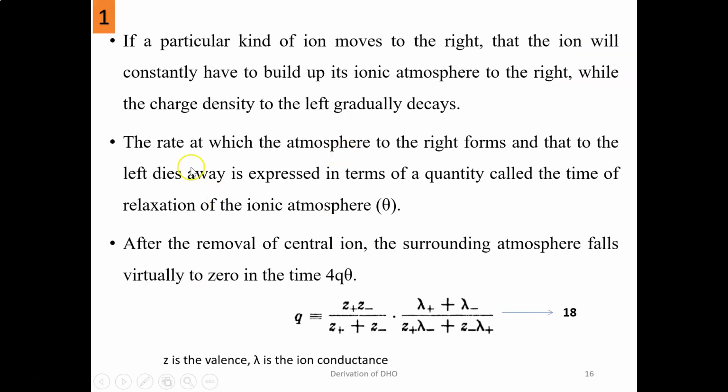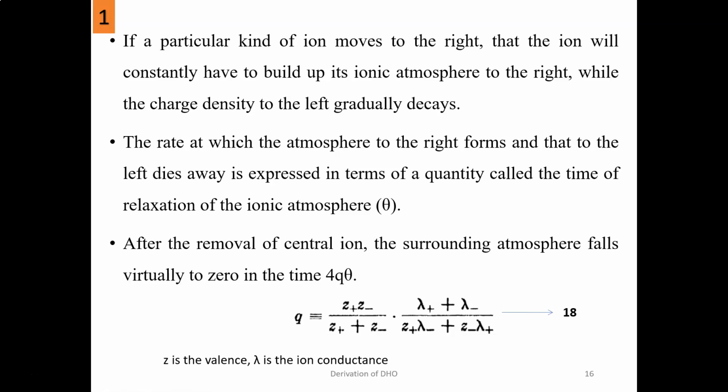So now we are moving on to the first force, that is the relaxation force. If a particular kind of ion moves to the right, that ion will constantly have to build up its ionic atmosphere to the right, while the charge density to the left gradually decays. In the case of the relaxation effect, we already said that the ion will be present in a symmetric ionic atmosphere.